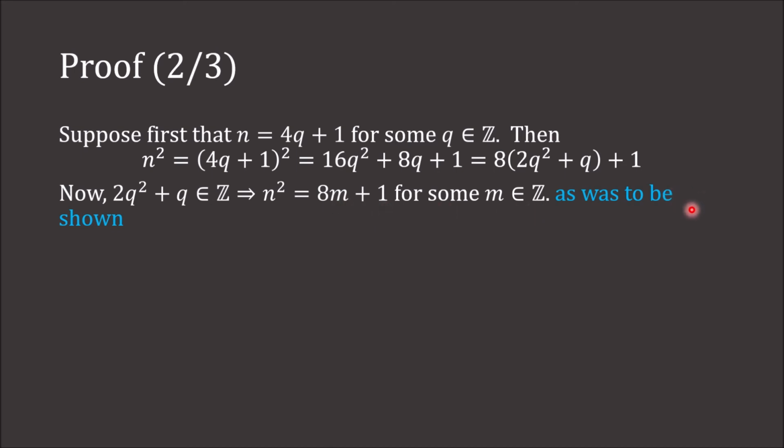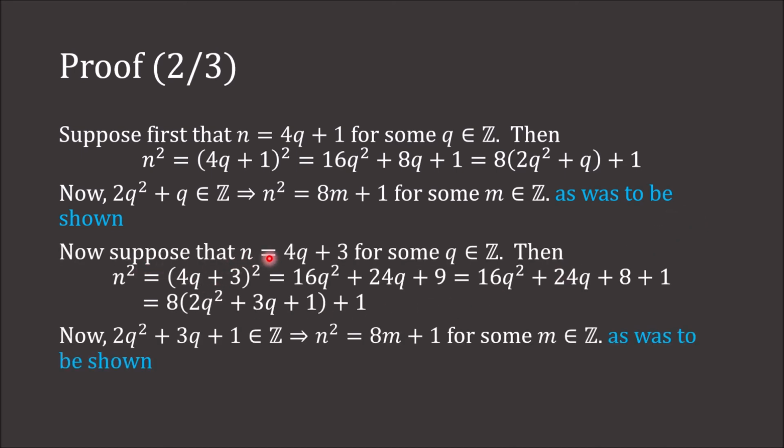If we now suppose that n is 4q plus 3 for some integer q, then n squared, the quantity 4q plus 3 squared, is 16q squared plus 24q plus 9, which we can write as 16q squared plus 24q plus 8 plus 1.